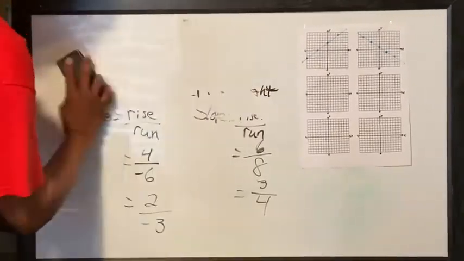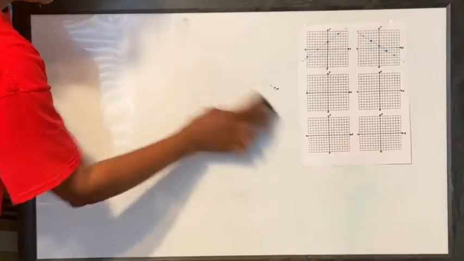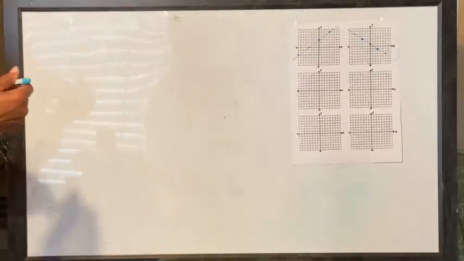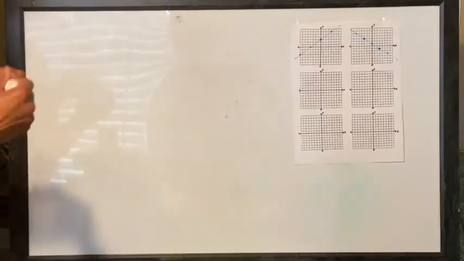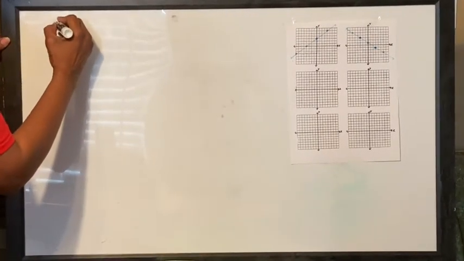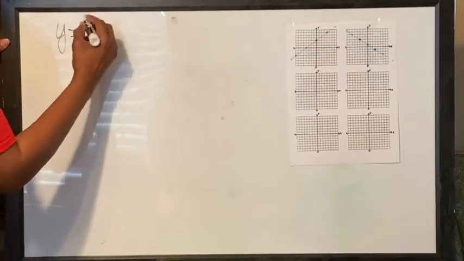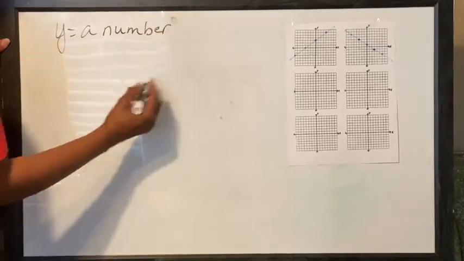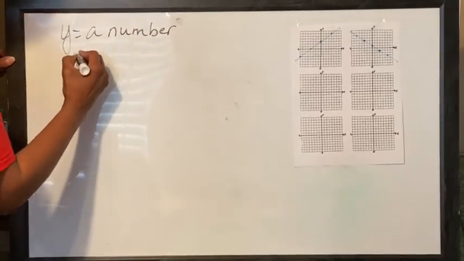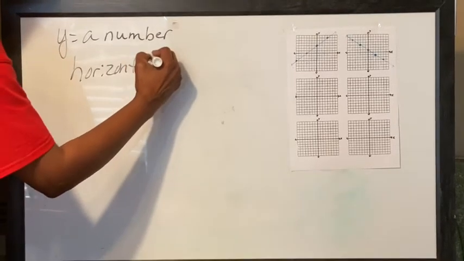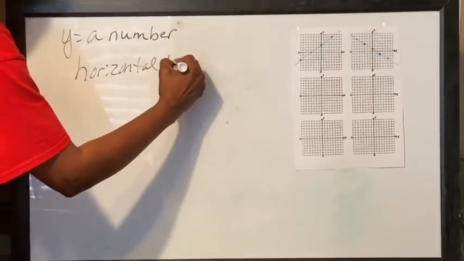There are a few other things that I want you to recall, because that is what we do when we have a line given to us, okay? Recall that if we have an equation that reads y is equal to a number, we're going to have what we call a horizontal line.